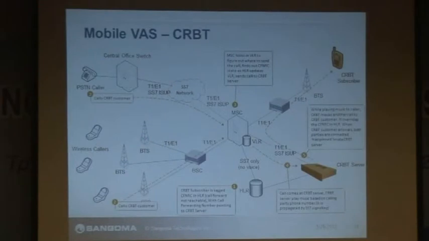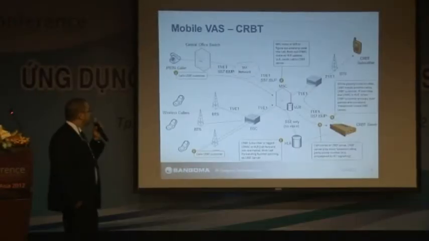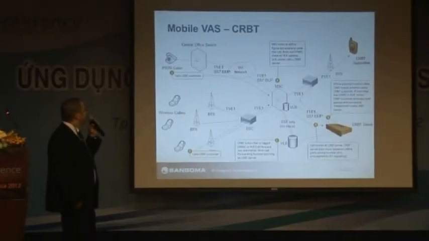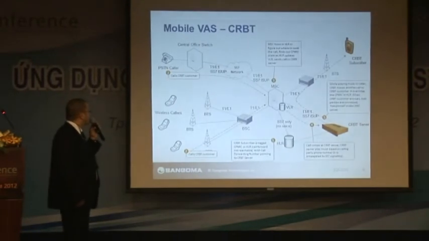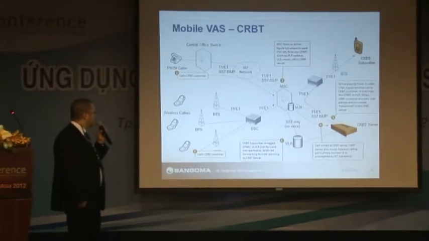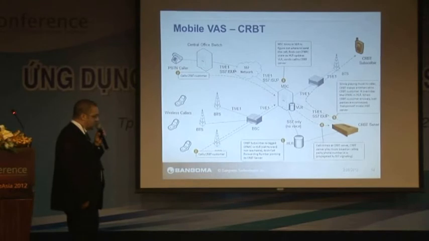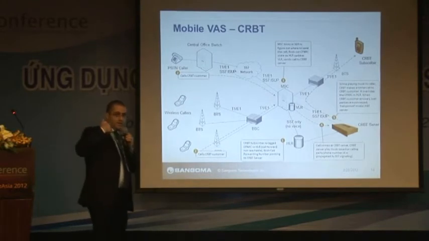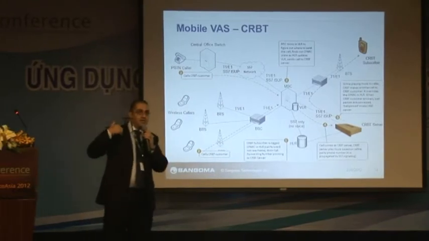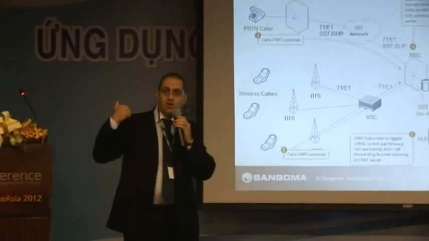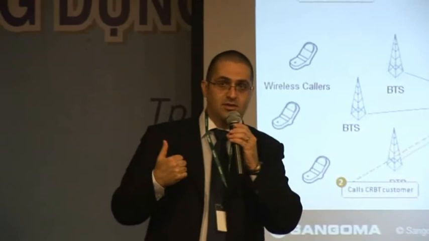This is an interesting diagram for those guys who are more technical or are interested in how this SS7 is working. So this is a mobile value-added service that is called CRBT, call ringback tone. So basically what happens is if you call somebody, you will not hear the regular dial tone, but you hear a song or some music until the other side is answering you.